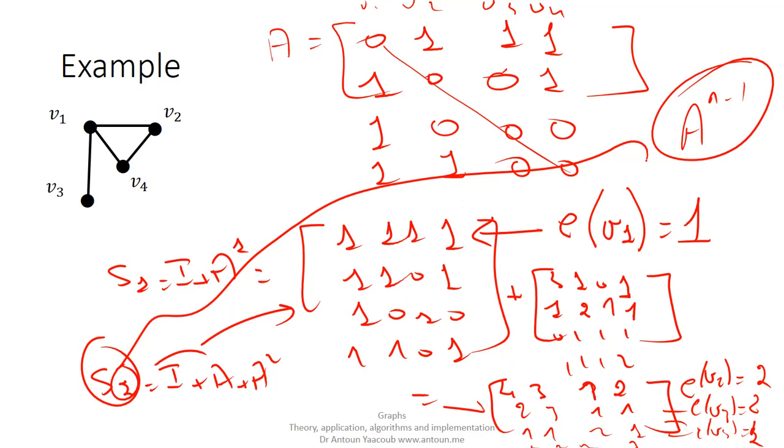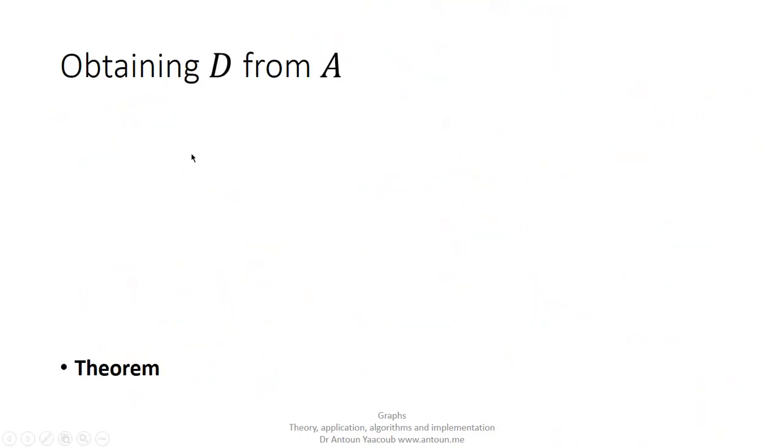If there's a connection, obviously the shortest path between any two vertices cannot exceed n minus 1. So a graph on n vertices is connected if and only if S n minus 1 has no zero entries.